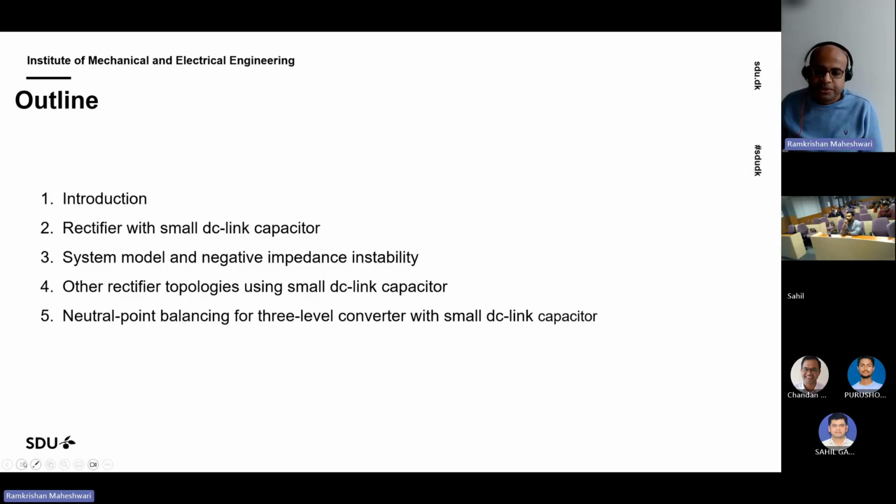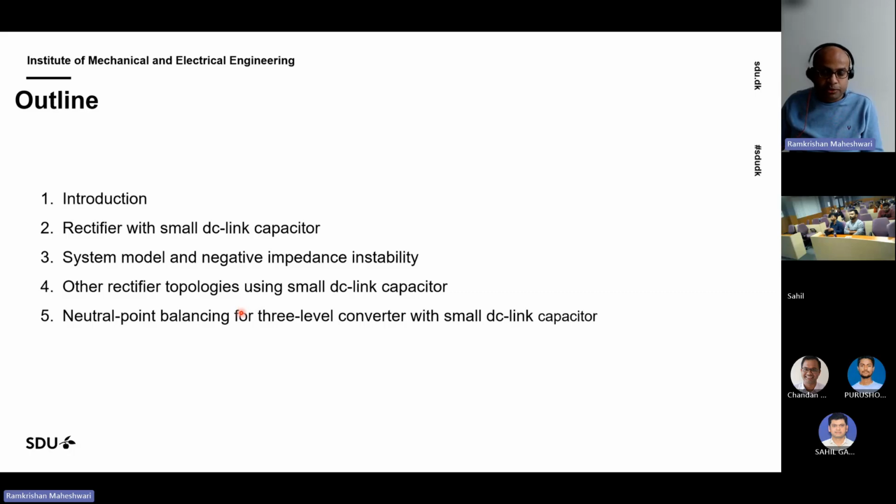So the outline for the presentation will be: I will introduce the system, and then we will talk about the rectifier with a small DC-Link capacitor, the system model, and negative impedance instability in a small DC-Link capacitor-based system, and then other rectifier topologies.